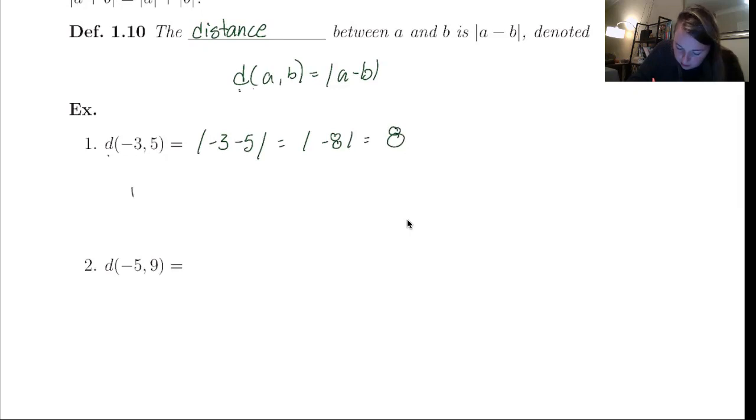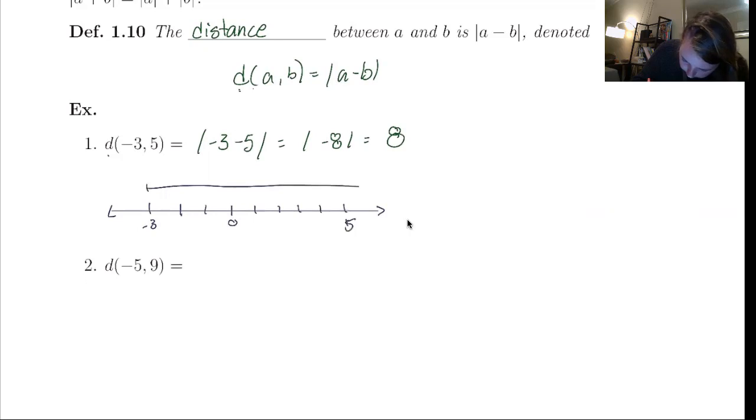And we can see that on the number line. -3, -2, -1, 0, 1, 2, 3, 4, 5. Those are 8 units apart. It's pretty cool. All right.